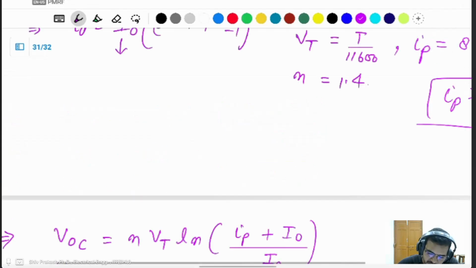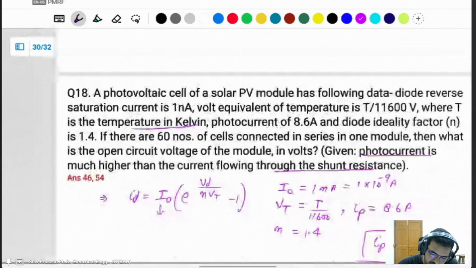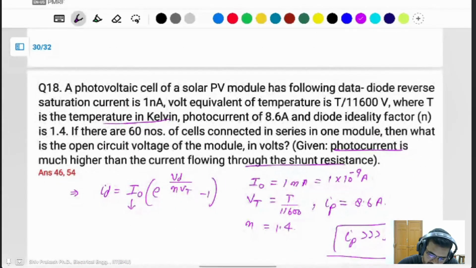The temperature is not mentioned here. The PV module has the following data: diode reverse saturation current is 1 nanoampere, volt equivalent of temperature is T divided by 11,600 where T is the temperature in Kelvin, photo current is 8.6 ampere, and diode ideality factor is 1.4.